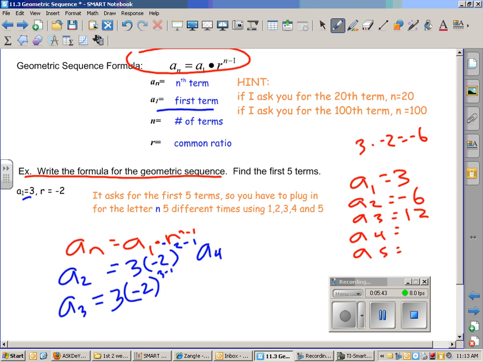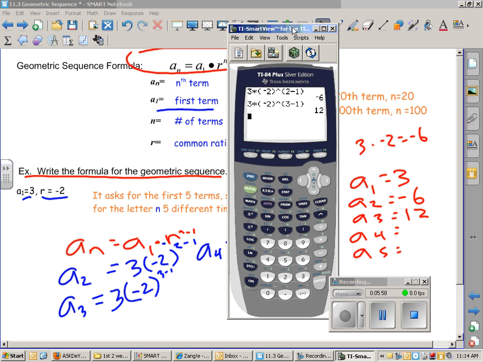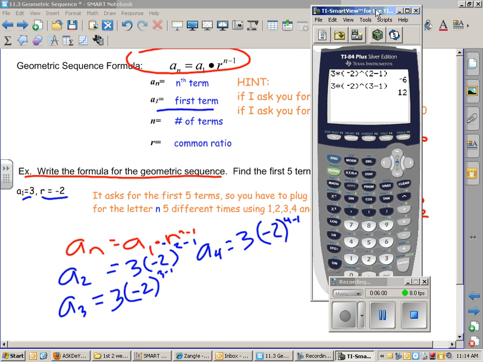Now we're going to do it for the fourth term. And yes, you are going to have to write these out. A sub 1, still the first term. Parentheses, we're still putting in negative 2 because that was our ratio there. And now because it's the fourth term, we're doing 4 minus 1. So on your calculator, we're going to do 3 times parentheses negative 2.